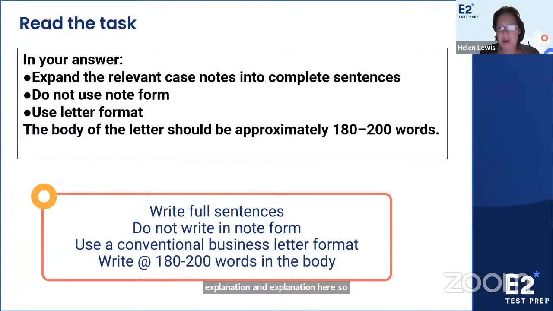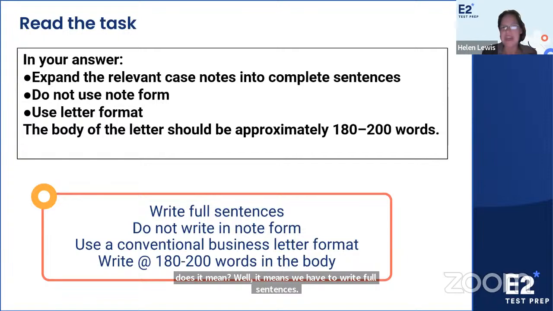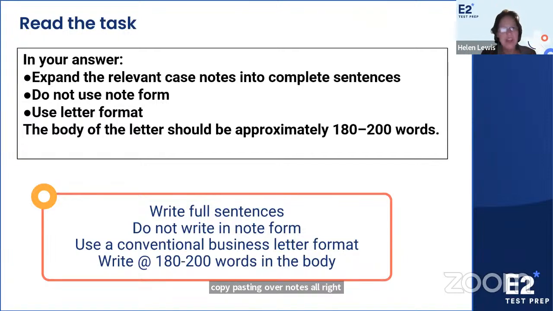Well, it means we have to write full sentences, obviously not just copy pasting over notes. It's really important to show that you can write full sentences.